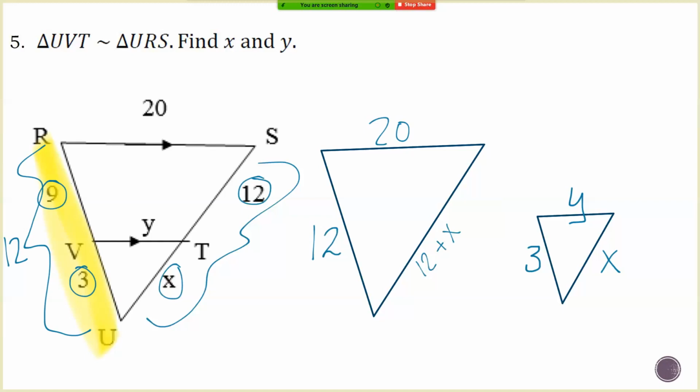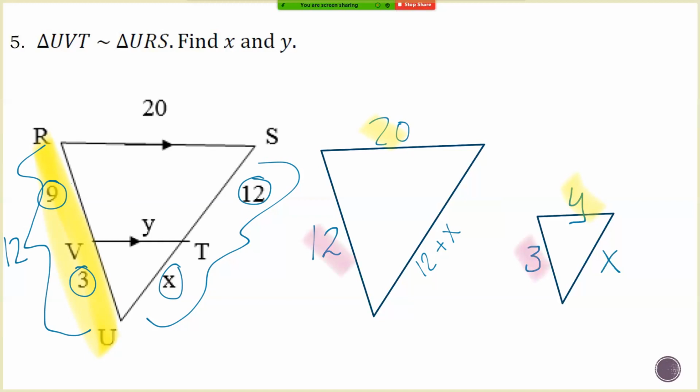So really, we're going to have to make two proportions. Remember, if two triangles are similar, their sides also have to be proportional. So I'm going to pick these sides, and then we're going to go with our second proportion for these sides.